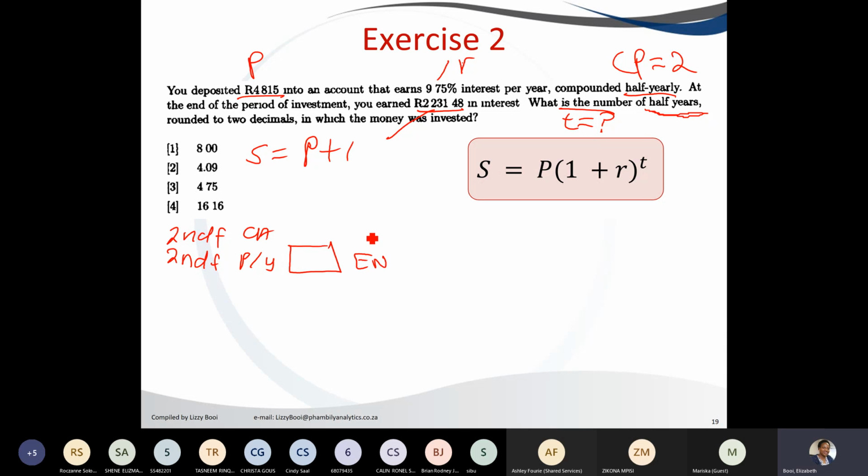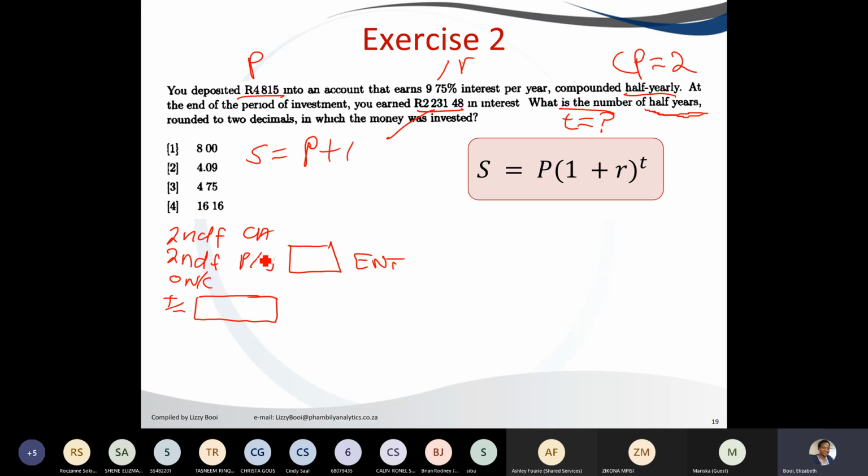And then press E and T. On and off your calculator, plus or minus. Remember, only one of them can have a plus or minus in front. So I'll use the present value.